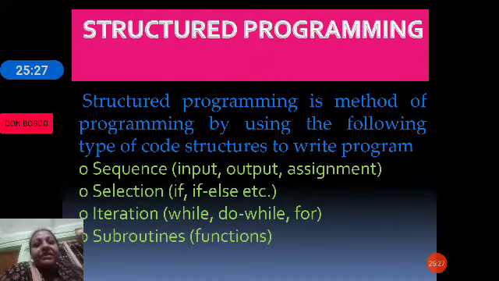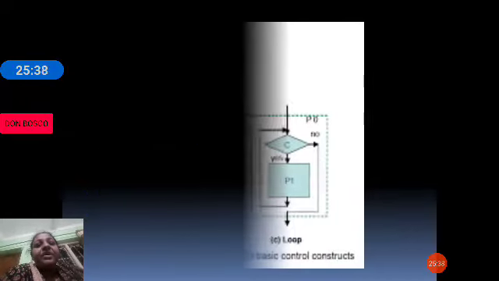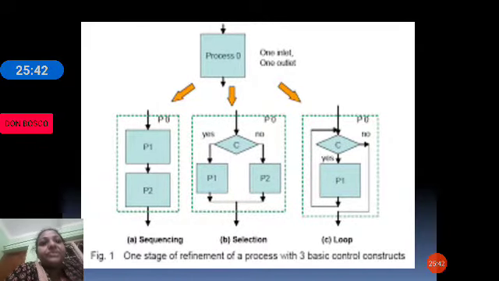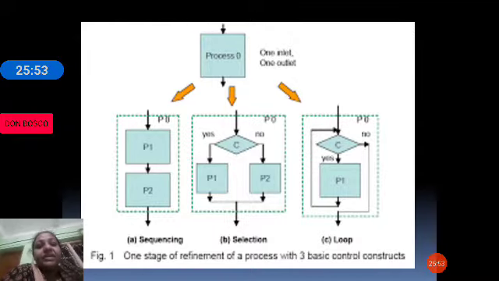Subroutine is nothing but procedural programming. There is one main program and many procedures. So you can see here, if a program is written using sequence, selection and looping, that type of programming is called structured programming.